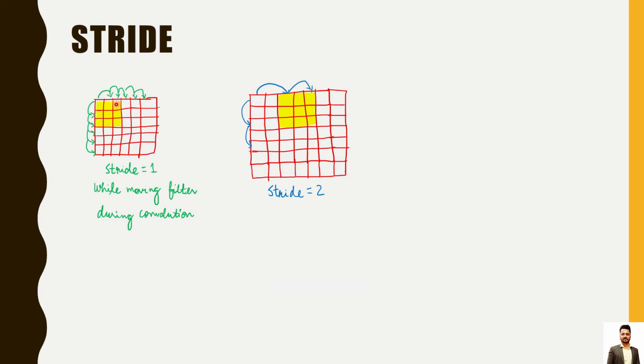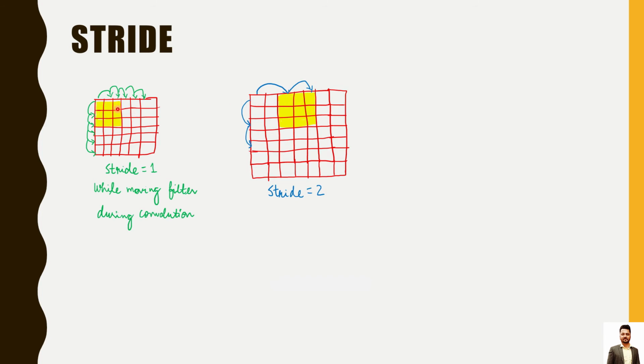Now stride. What is a stride? Stride is a step size. Let's say that you are moving this yellow filter one step at a time, row wise and column wise. I have made the arrows in a way that you can understand better. While moving the filter during convolution with stride 1, you will have to move this filter one by one, and similarly for stride 2, you can jump with a step size of 2.